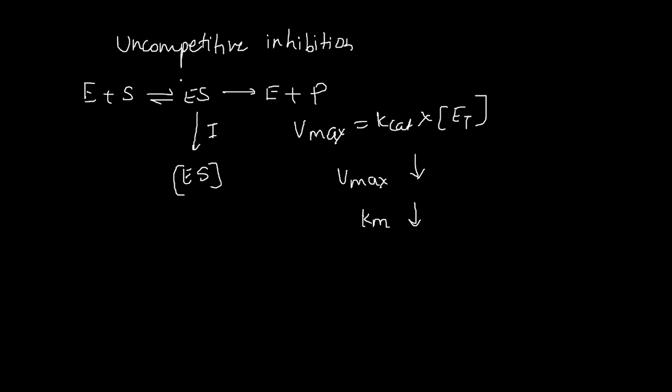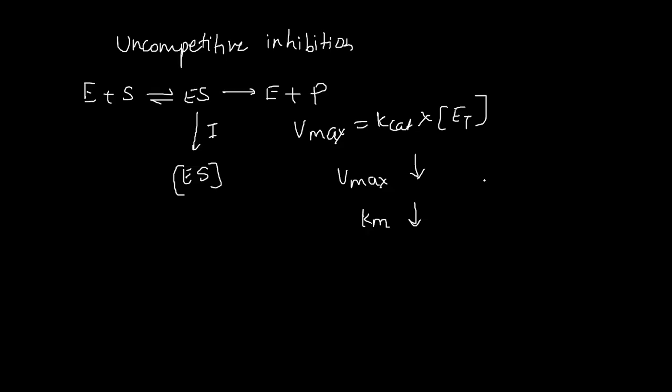So in the case of uncompetitive inhibition, where the inhibitor is binding only to the ES complex, the total enzyme concentration is going to be decreased, and because of that the Vmax is going to be decreased. And because the reaction is not moving forward, the system will try to make more and more ES complex, and this will happen only when the enzyme has high affinity for that substrate.